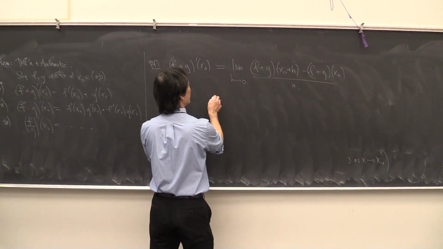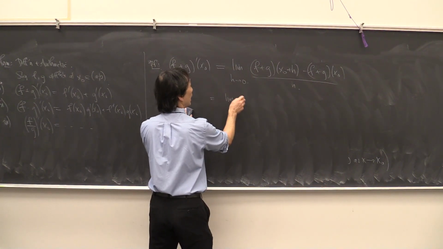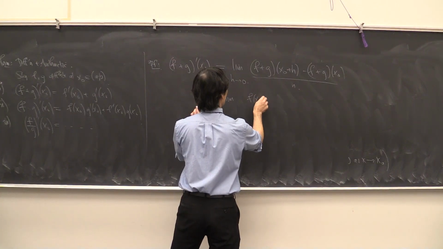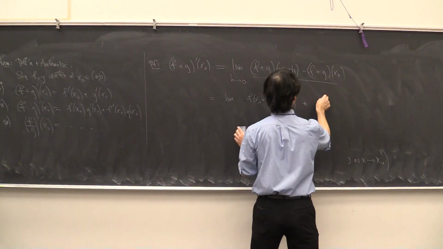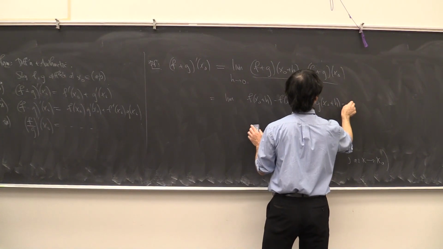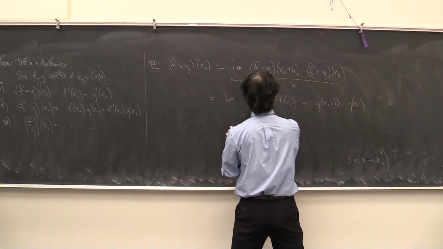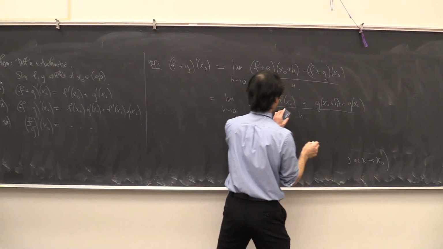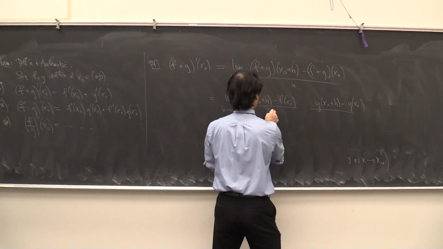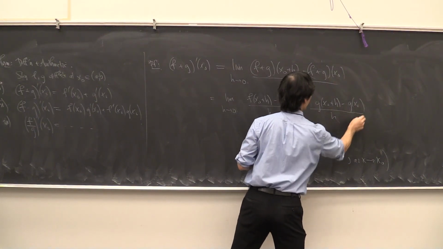Then you would say, well, that's the same thing as f of x naught plus h minus f of x naught plus g of x naught plus h minus g of x naught, everything over h as h approaches 0. I can split this up as this over h plus that over h.